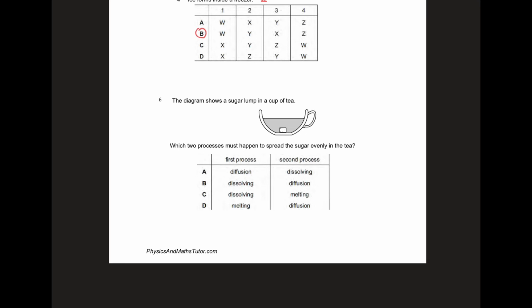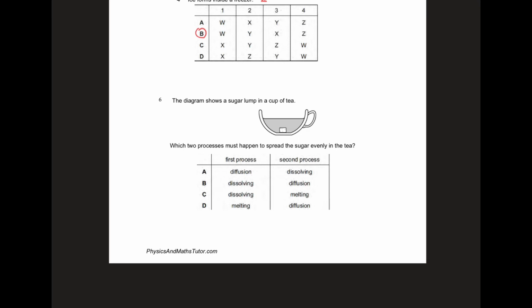What is the difference? Dissolve means it becomes aqueous. The sugar is not solid anymore. It dissolves in water. Then only it moves around to make the tea sweet.